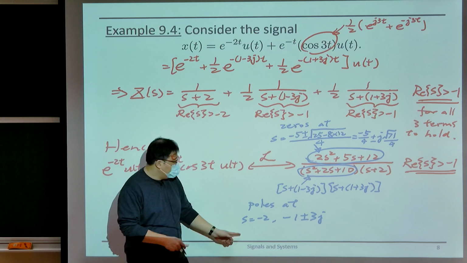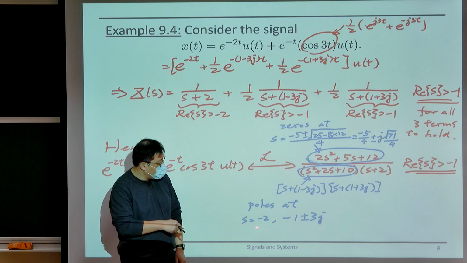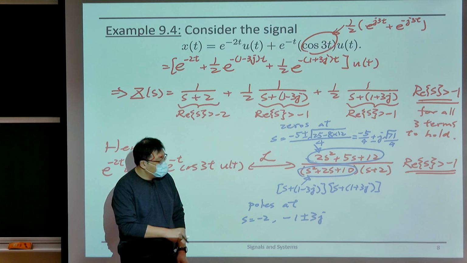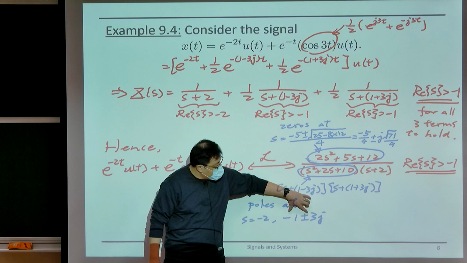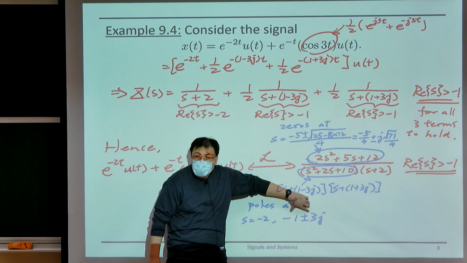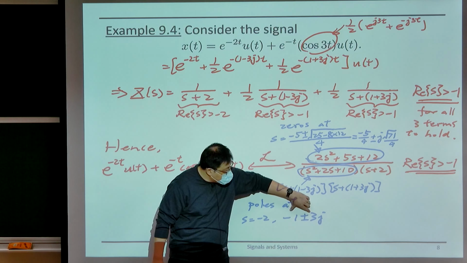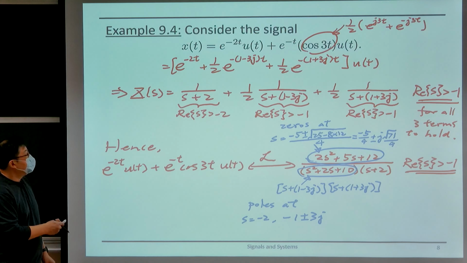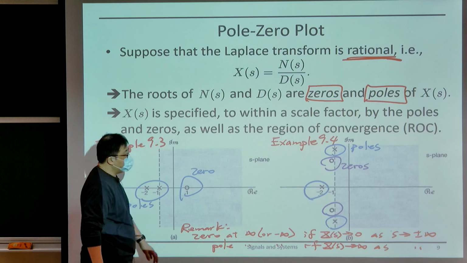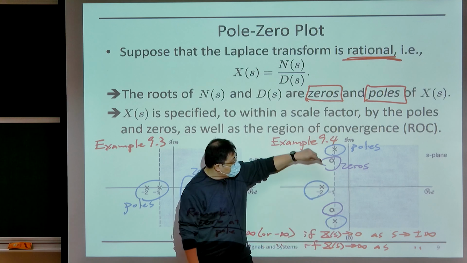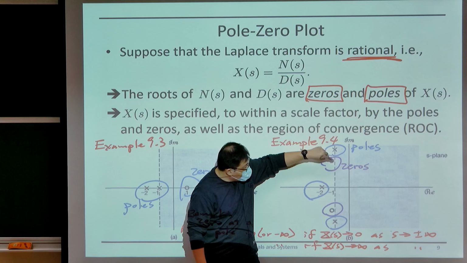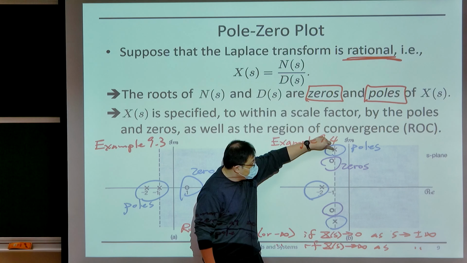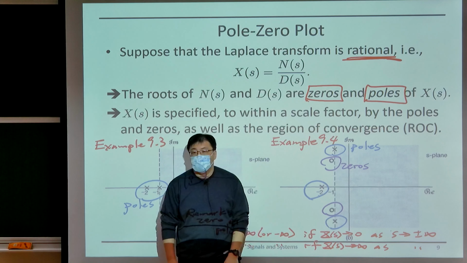And you also have 3 poles, one at -2, and 2 others at -1 plus minus 3j. So you see here that for any complex pole, its complex conjugate must also be a pole. So if you look at it on the s-plane, this means that if you have a 0 here, you must have a symmetric 0 here. And if you have a pole here, you must have a symmetric pole here.